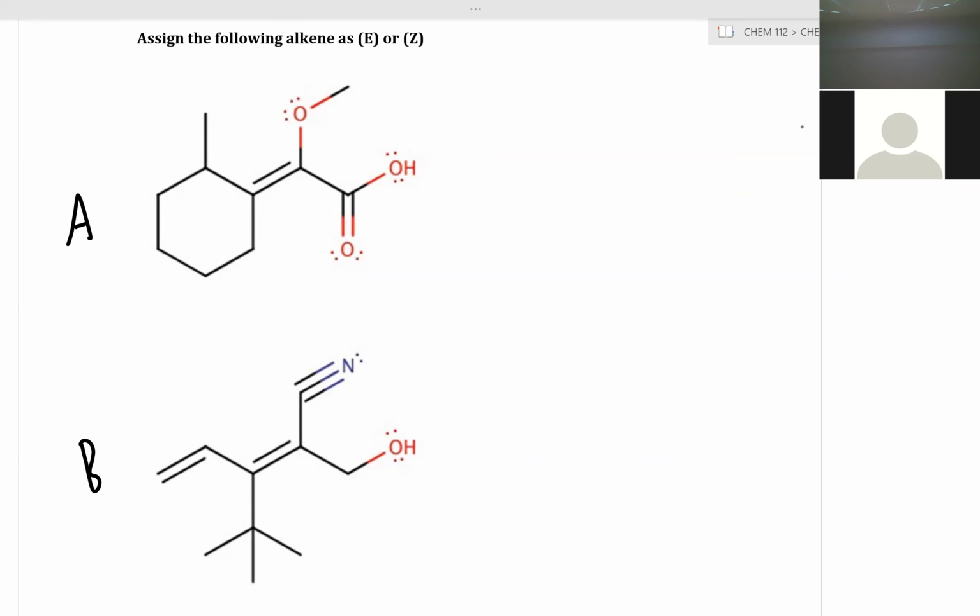And just one piece of advice, count one atom at a time when assigning priority. Let's get a few more responses in the chat. And if anyone has any other responses, we'll discuss in a few more minutes.